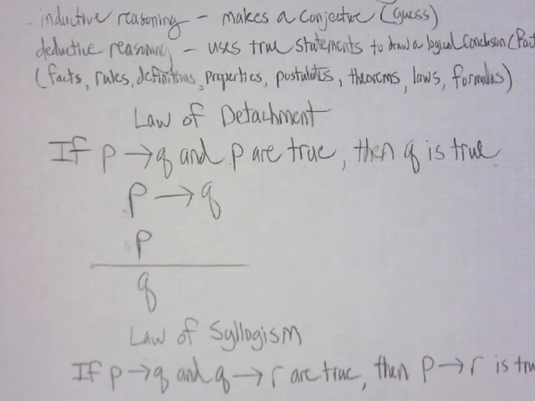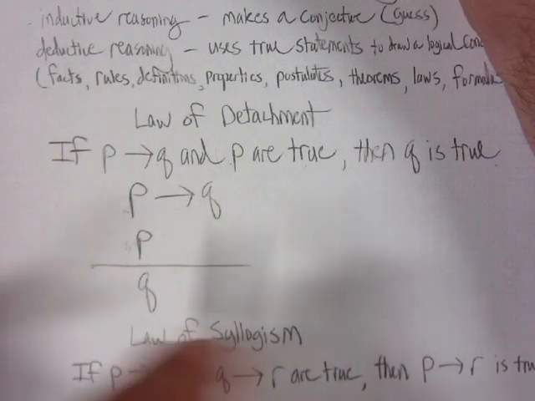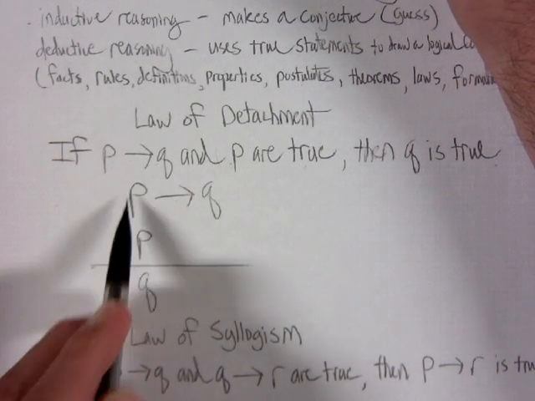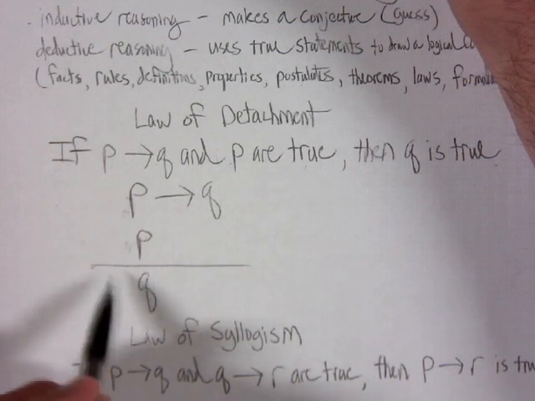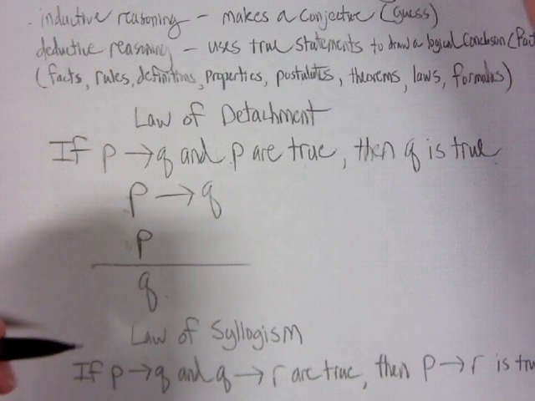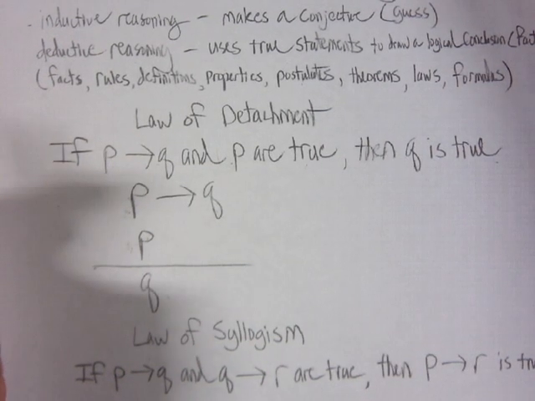Okay, so in symbolism, this is how it looks. If P implies Q is true, and the P part, the beginning part of that statement, is true, then the conclusion part has to be true. An example of the law of detachment would be something like this.